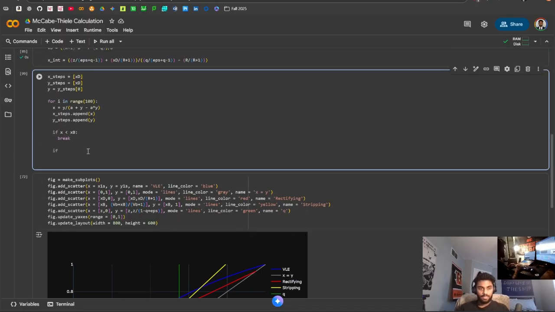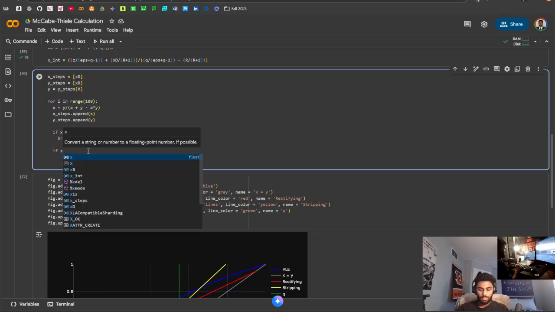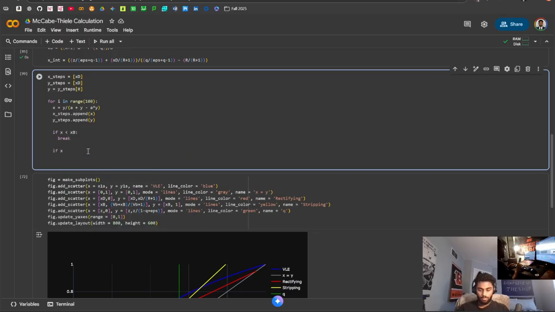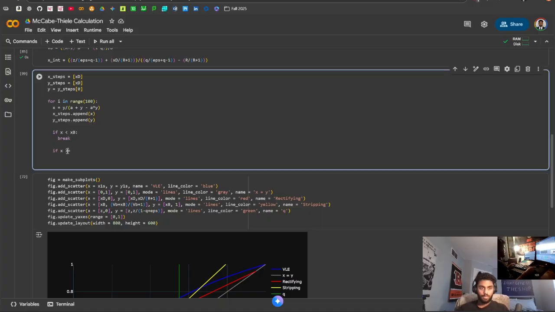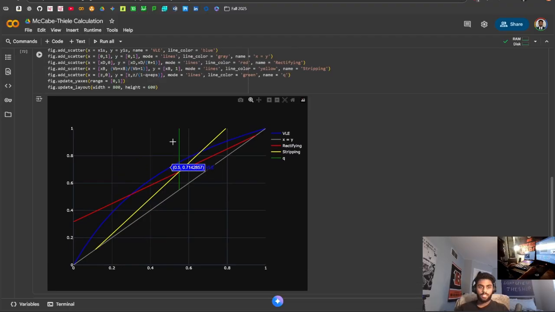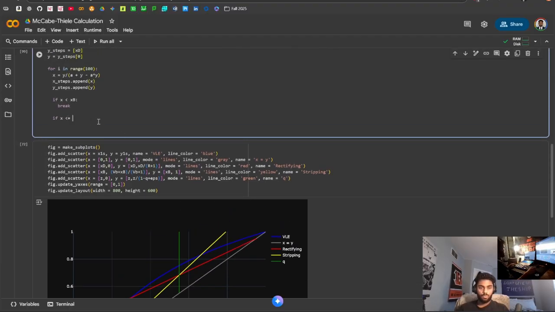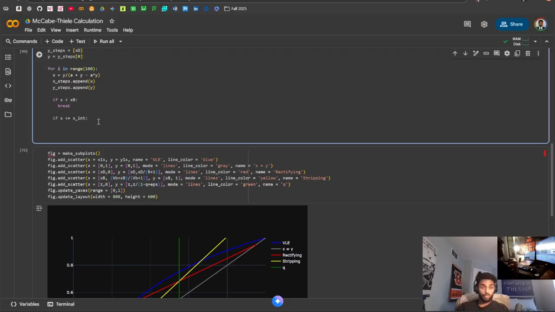So now we say if x is less than or equal to x int, then we want to switch to our stripping operating line. We could do it both ways.